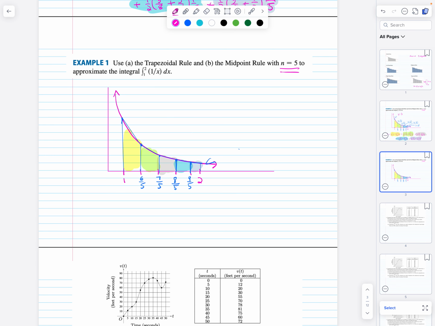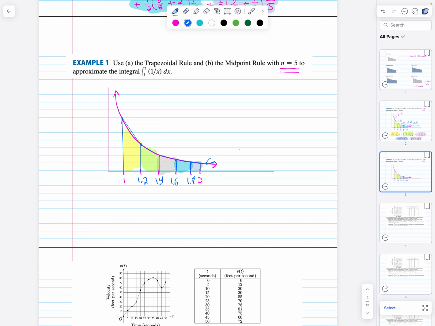Somewhere between, I'm going to use decimals for this one. That might actually be easier. We'll find out. So for decimals, this would be 1.2, 1.4, 1.6, 1.8.